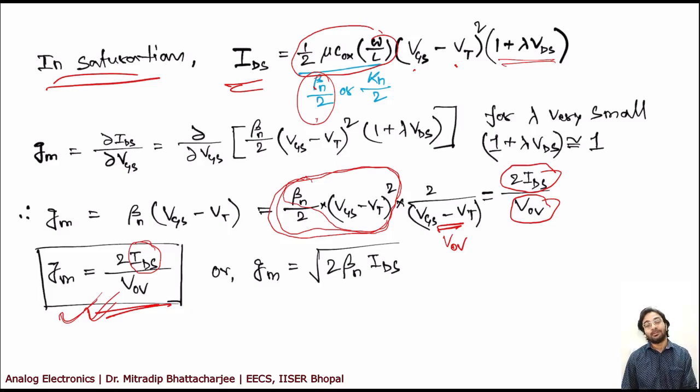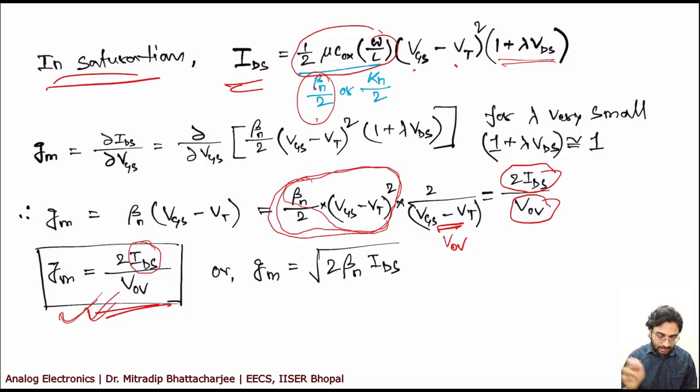But again, like BJT, a higher IDS value may drag you into the linear region. Previously it was dragging you out of the active region into saturation; now you are working in the saturation region, and if you increase IDS, it may drag you into the linear region, which is not desirable.